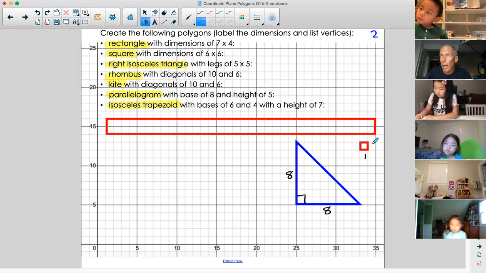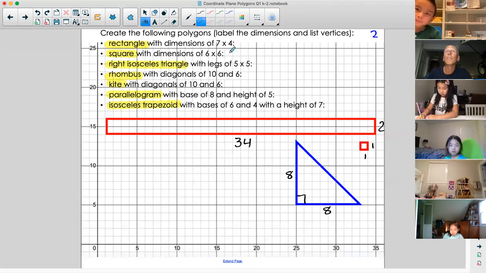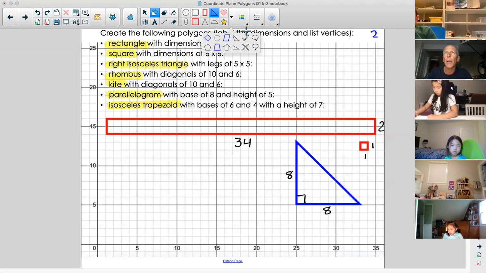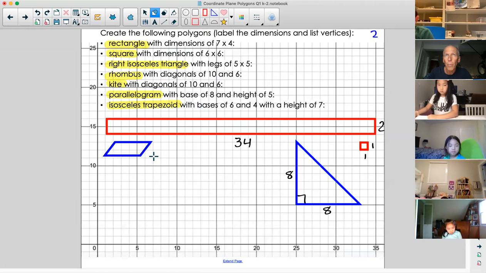So this is a 1x1 square. It's a 10, 20, 35. I'm going to say 34 by 2 rectangle. Now I'm going to try to draw another one. Let me try to draw a parallelogram.